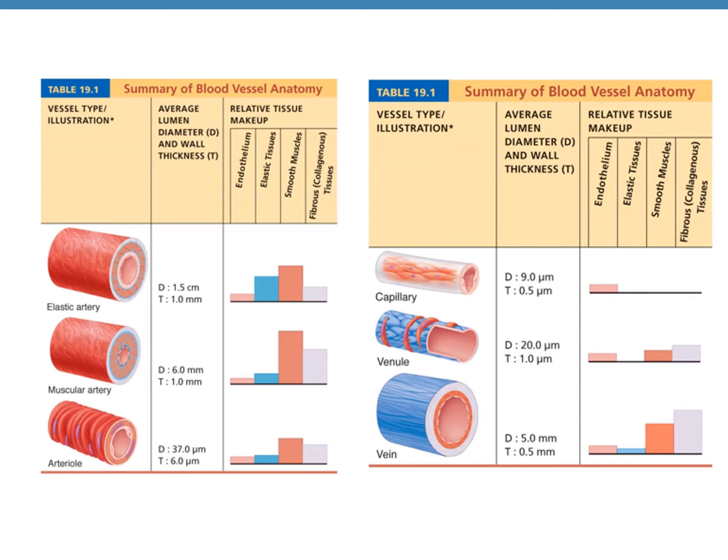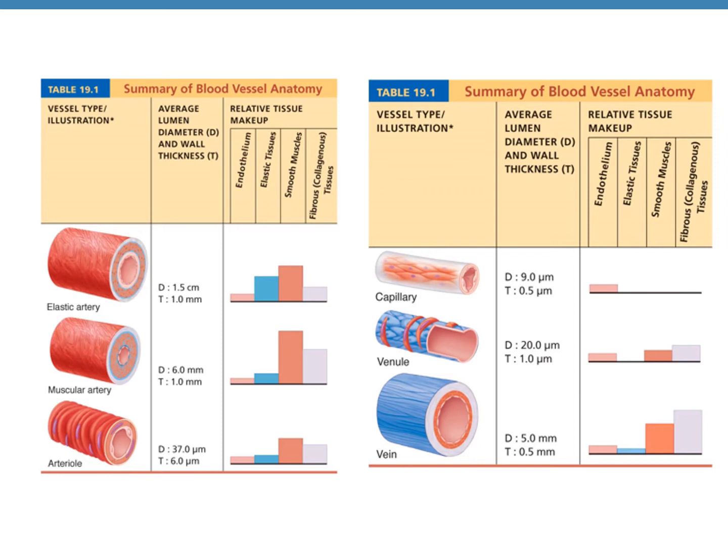This diagram shows us relative amount of endothelium, elastic tissue, smooth muscle, and tunica externa or adventitia, so those collagenous fibers. So this is just for your reference. You don't need to memorize it.